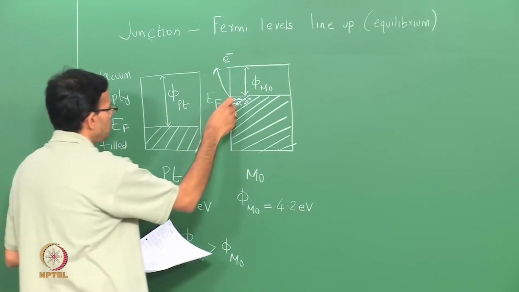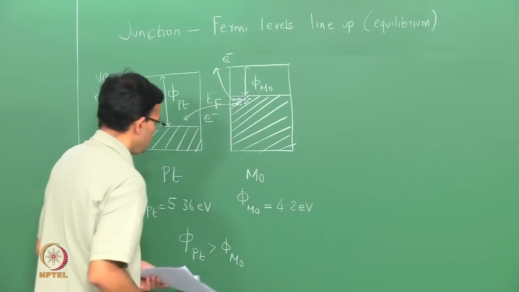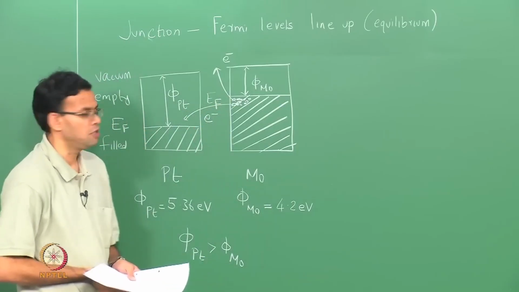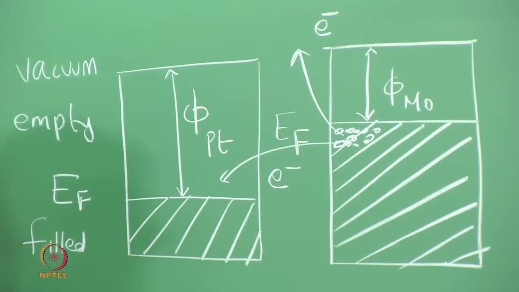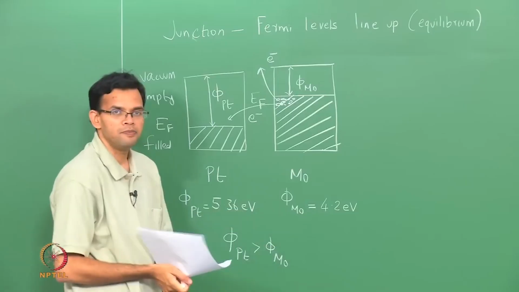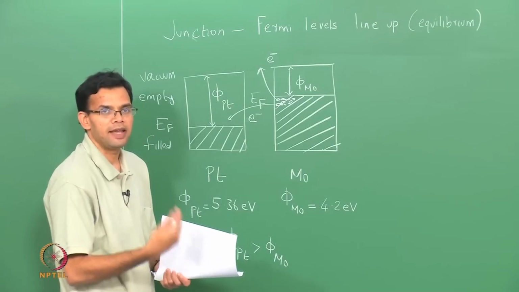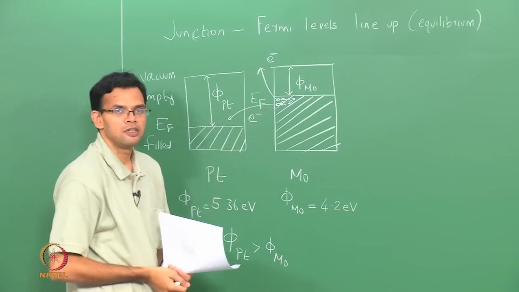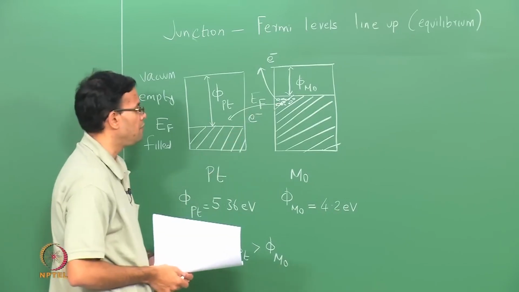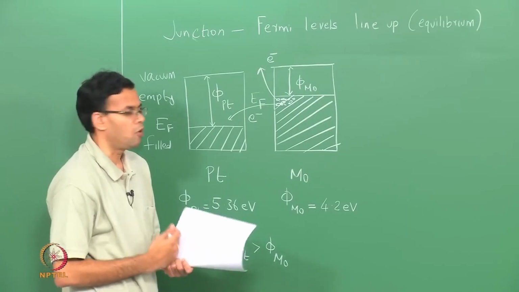So, when a junction is formed, electrons from molybdenum, with the lower work function, can move into platinum. So, when this happens, there will be a net positive charge on molybdenum because it is losing electrons, and a net negative charge on platinum because it is gaining electrons, which means an electric field will be set up when a junction is formed between platinum and moly.